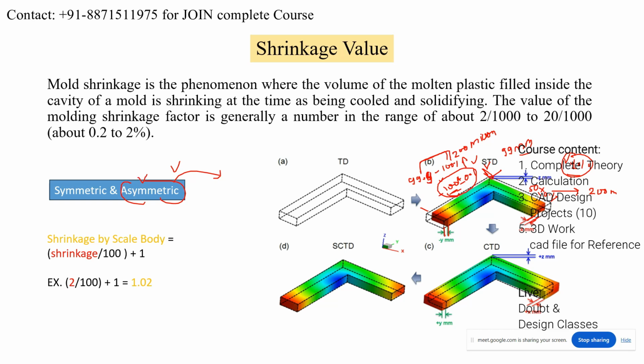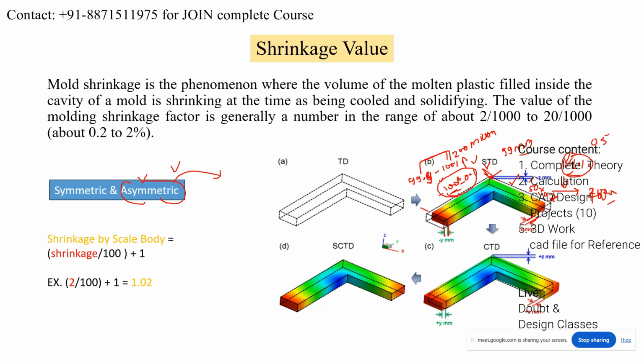Similarly, for example, 50 plus minus 0.1. We need a limit, for example, plus minus 0.2. So what is the limit? 400 micron. So we can provide the shrinkage value for this dimension. Tell me how much? What is the 1% of the 50? 0.5.